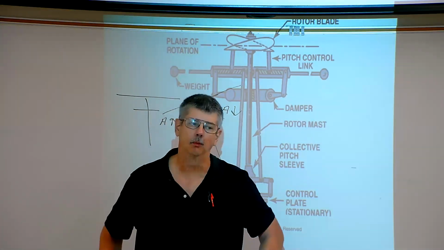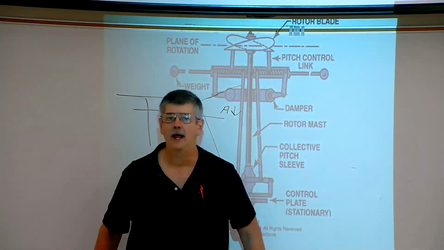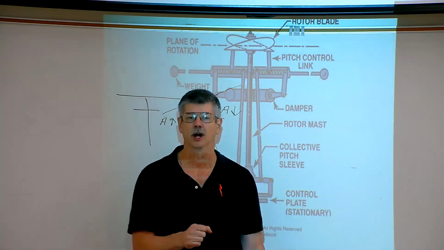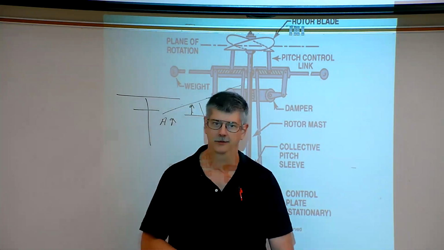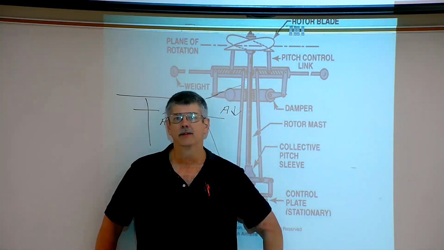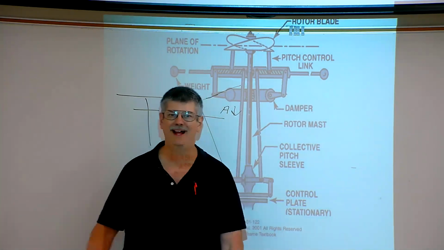Now, there's also what they refer to as modes of vibration, okay? There's a horizontal mode, where say you're hovering and you feel like you're swaying back and forth. Well, that is generally caused because one of the blades is heavier than the others, meaning that they're out of balance.